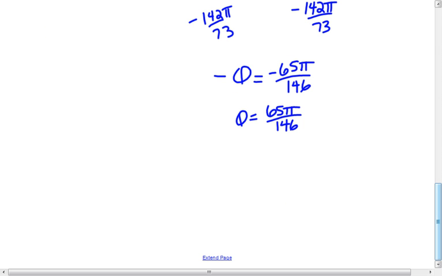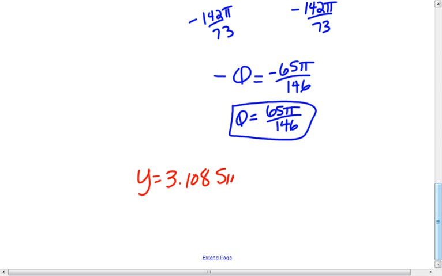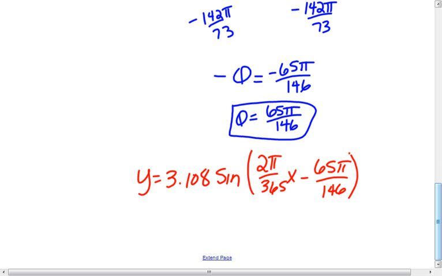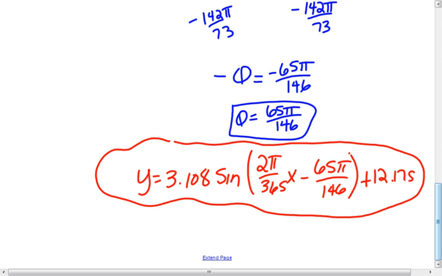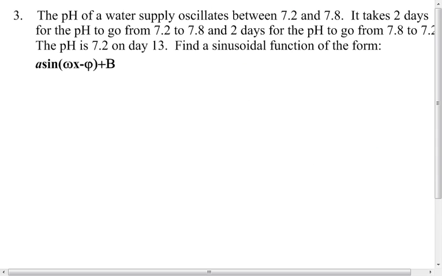Okay, so there's my phi, and then when I plug in my whole equation, I will have this. And it will look like that. Okay, and one more.